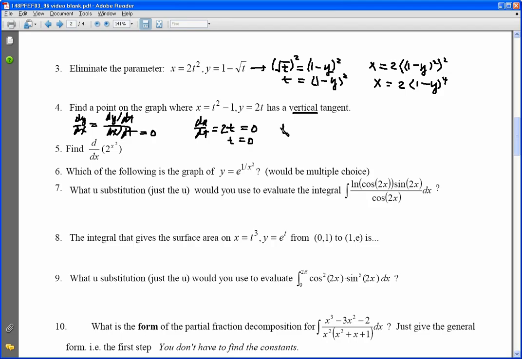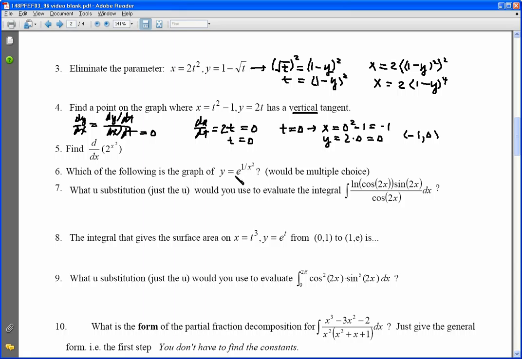And if t equals 0, then that's going to give us a point in xy coordinates. So x is going to equal 0 squared minus 1, which is negative 1, and y is going to equal 2 times 0, which is 0. So negative 1 comma 0. And you could verify that by graphing this on your calculator too.